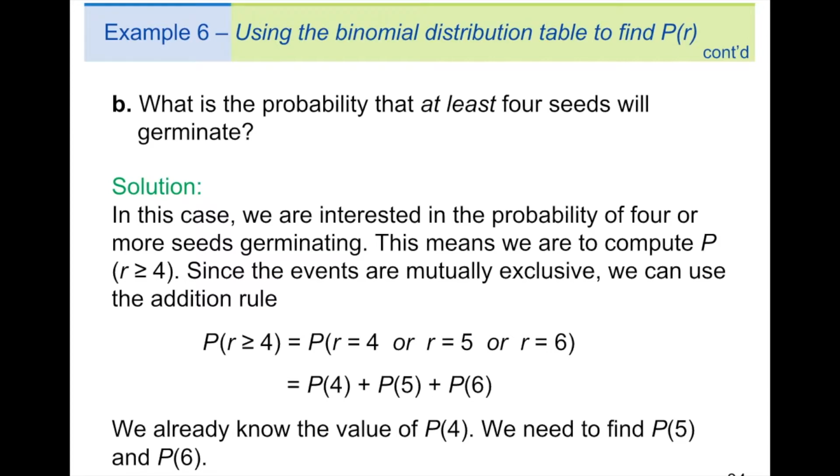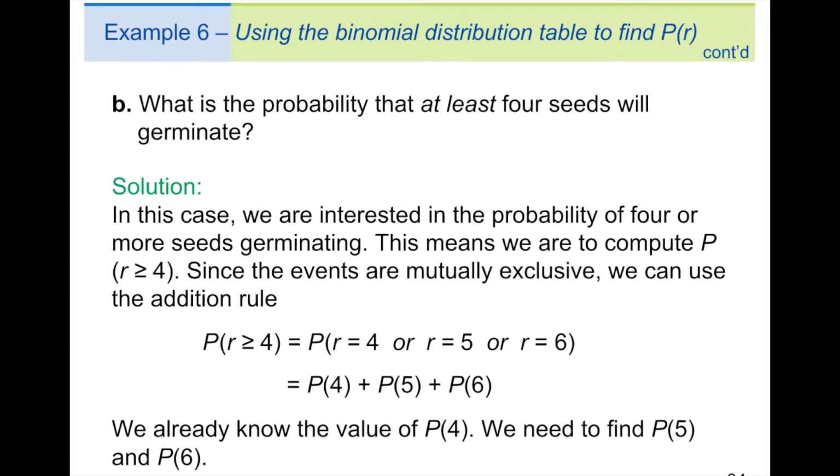What is the probability that at least 4 seeds will germinate? In this case, we are interested in the probability of 4 or more seeds germinating. This means we are to compute p of r is greater than or equal to 4. Since the events are mutually exclusive, we can use the addition rule.